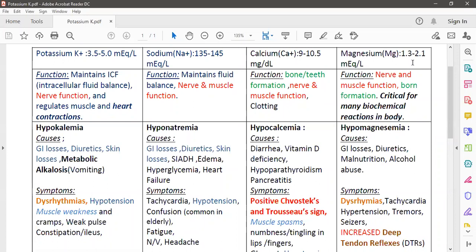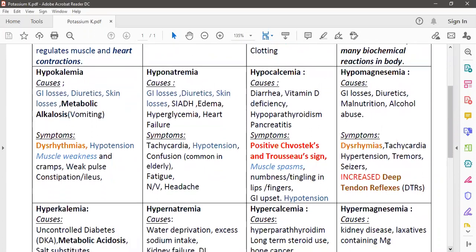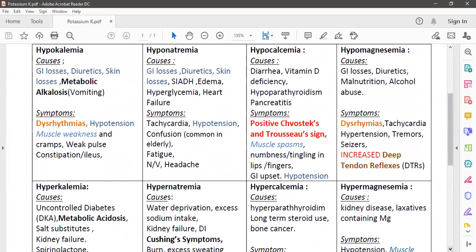When magnesium is more than 2.1, hypermagnesemia. So hypomagnesemia, the most common cause, GI losses, right? Excessive fluid loss is a way.